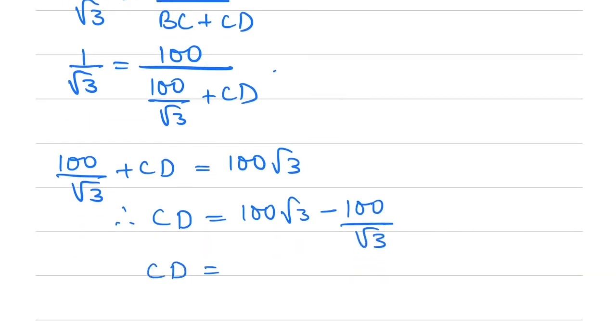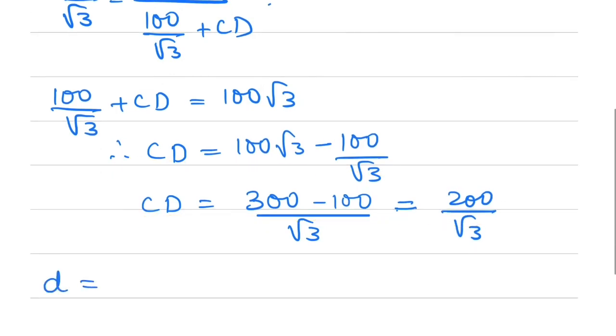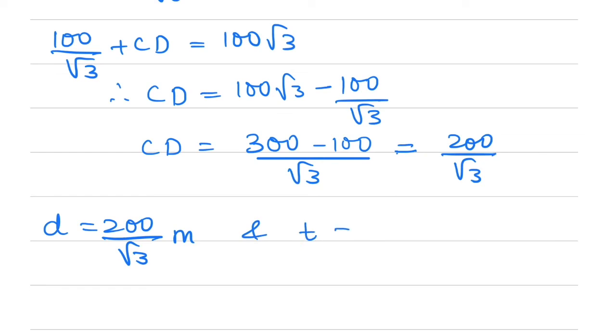CD is equal to (300 minus 100) by root 3. This is equal to 200 by root 3. So we have the distance as 200 by root 3 meters and time is equal to 2 minutes.